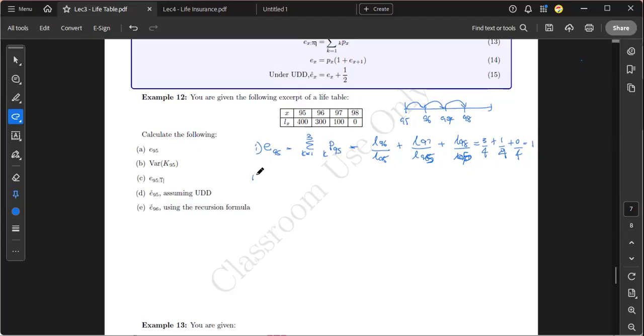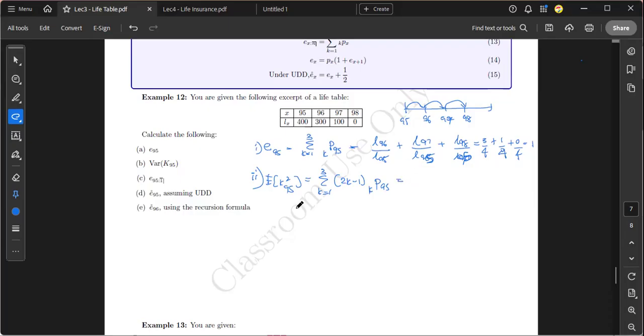And now we need to find the variance of the current future lifetime random variable at age 95. That means we need to find the second moment of this current random variable. And it is given by, since we know that now k is going from 1 to 3, so we can directly use this definition.